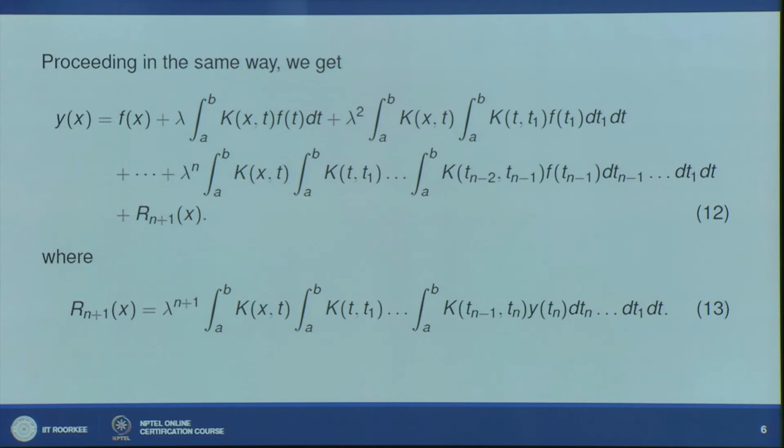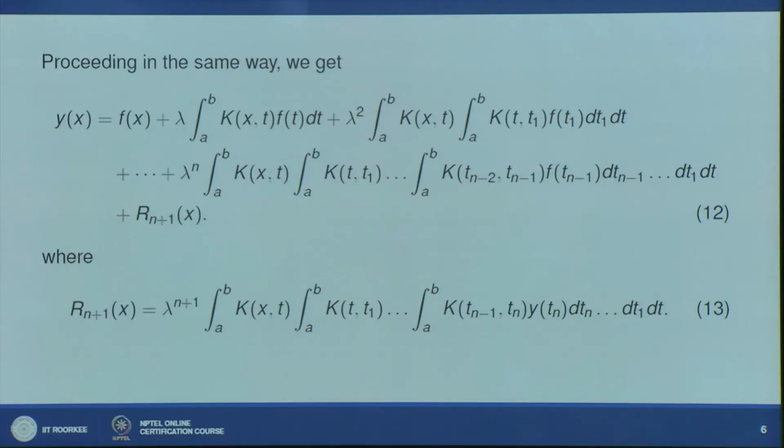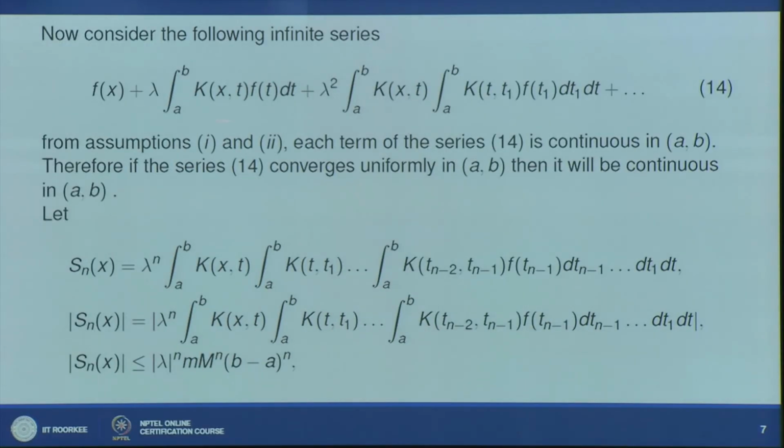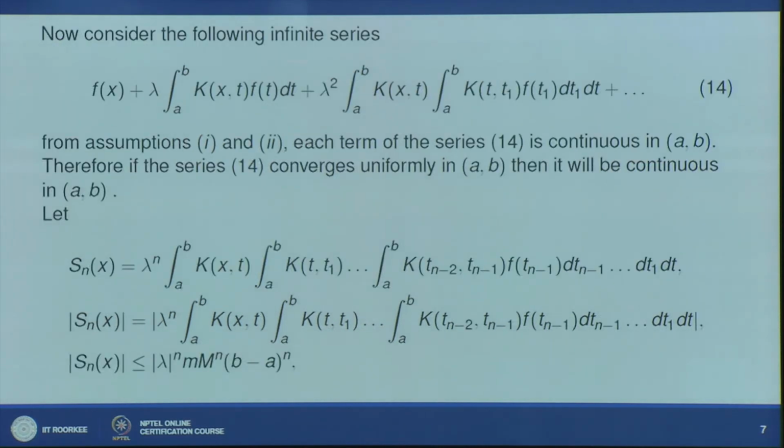So similarly, as n tends to infinity, this is going to be an infinite series, and we want to claim that the solution of the Volterra integral equation y(x) is given by this infinite series. So what we need to prove here is that this infinite series converges.